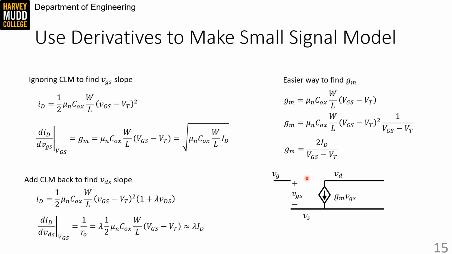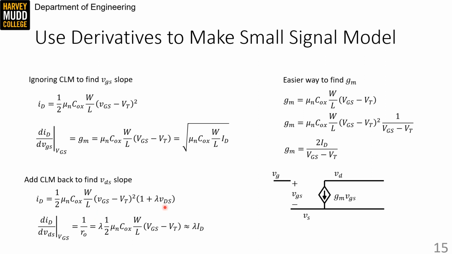We add channel length modulation back in to find how our drain current varies with VDS, and that's because there'd be no VDS dependence if we ignored channel length modulation. So taking a derivative of this modified ID equation with respect to VDS and evaluating it at our bias point, we observe that it's going to be equal to 1 over our output resistance, 1 over RO, and also that it's a pretty easy derivative.